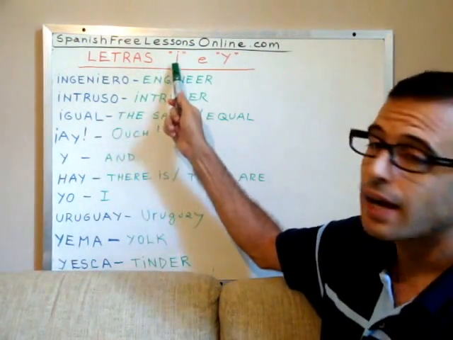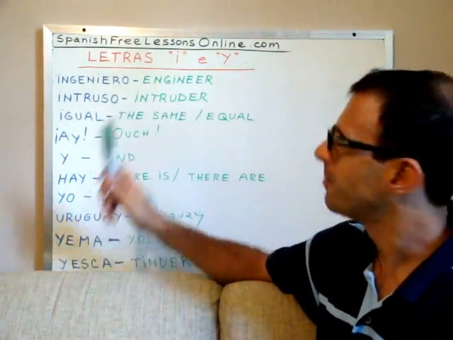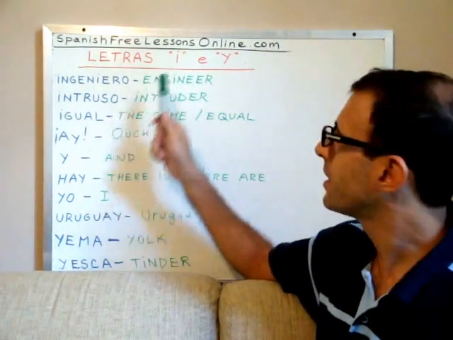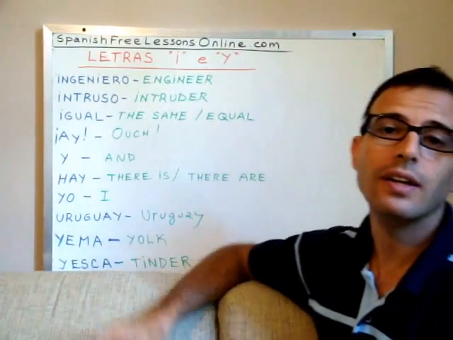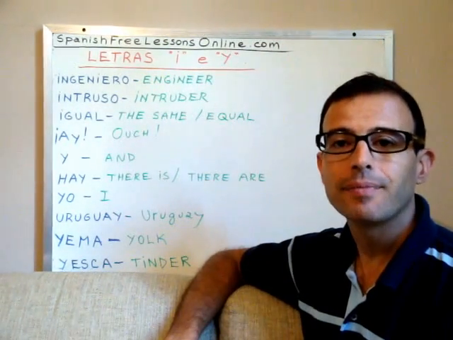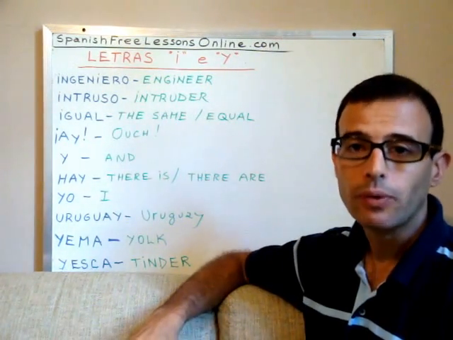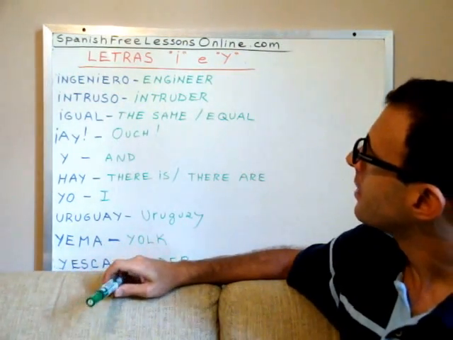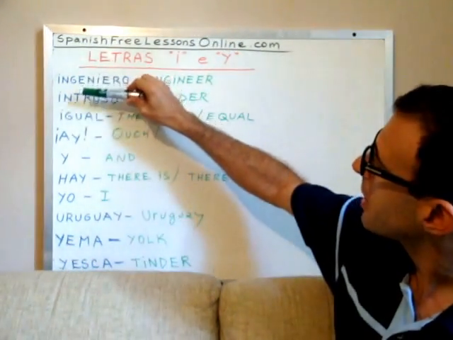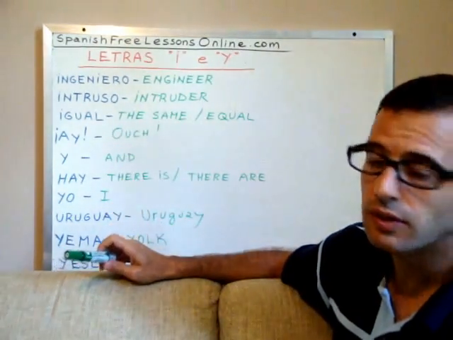So I would be I Latina or Latin I. Y is Y Griega, or Greek I. Okay? And I want to show you some examples on how each one is pronounced.